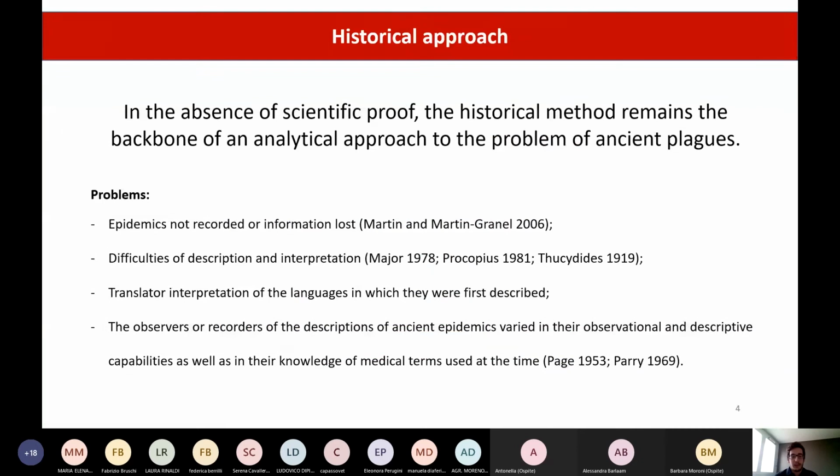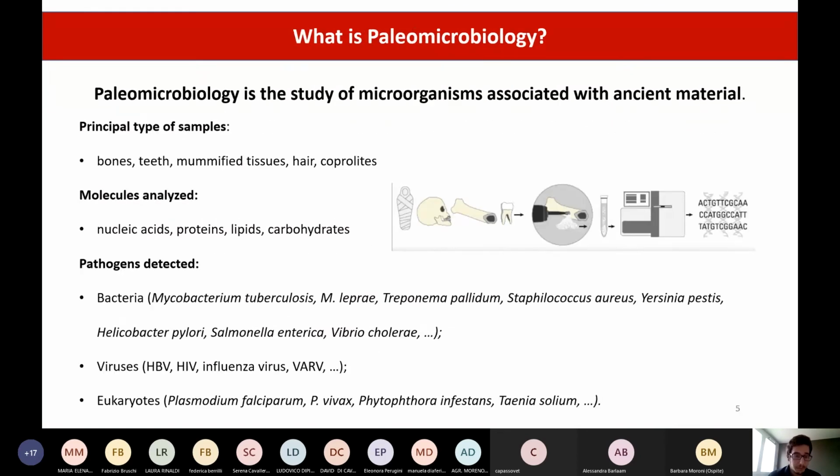First, if an epidemic was not recorded or all the information about it was lost, we cannot study it, of course. And other problems are the interpretation and the translation, and also the ability of the authors of the time to properly describe what they saw, the epidemics, the symptoms, and the effect on the people.